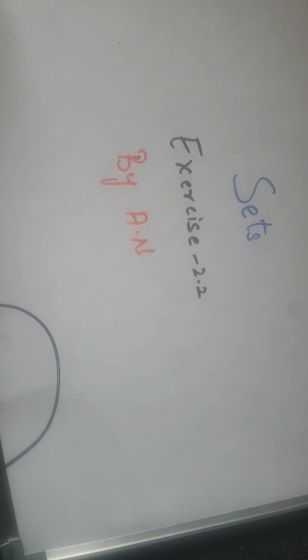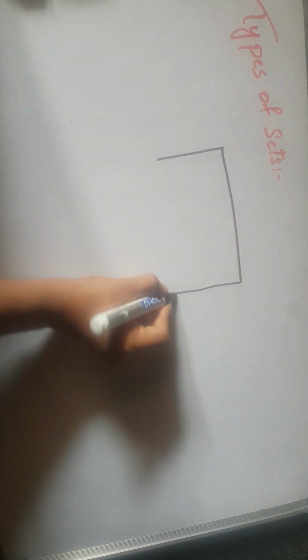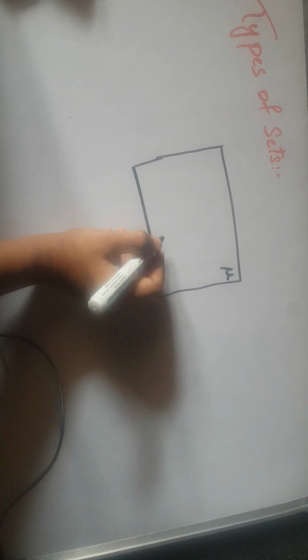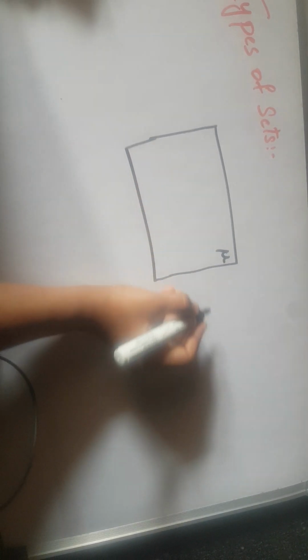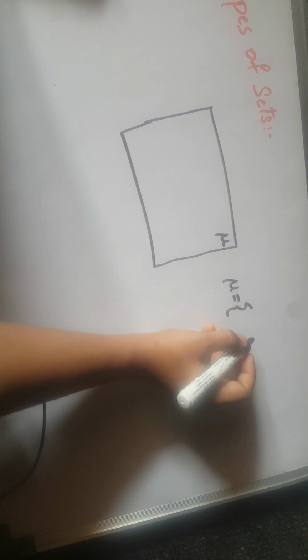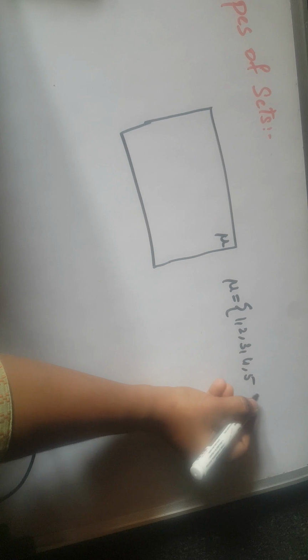Let us continue with types of sets. Before explaining, I'll tell you in the form of a diagram. Take this set, which is called mu, the universal set. Here mu is the universal set which has the elements 1 2 3 4 5.